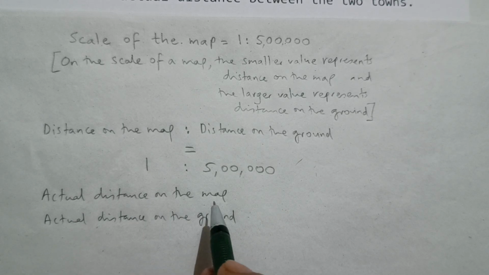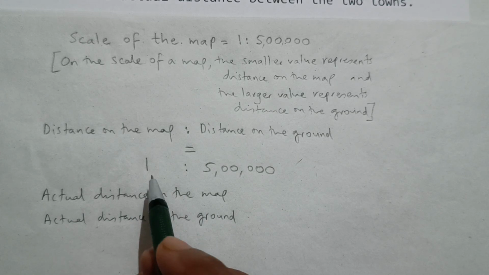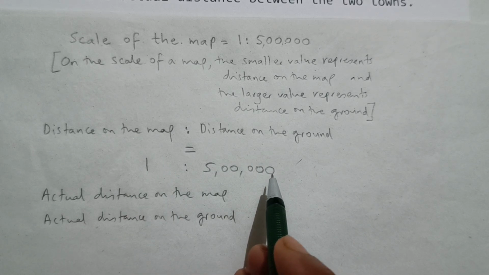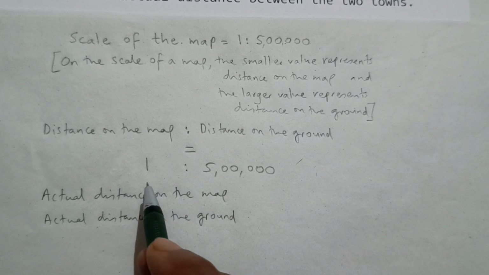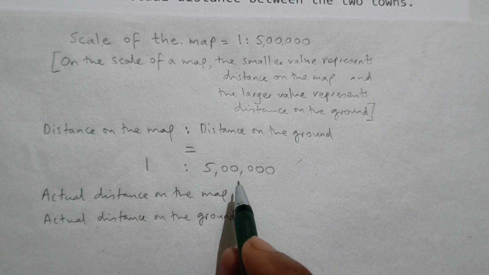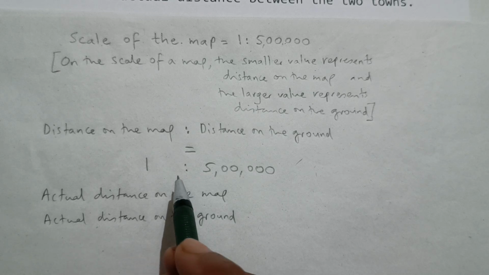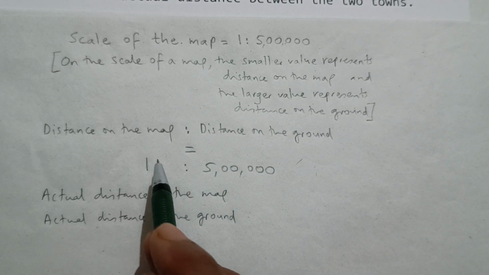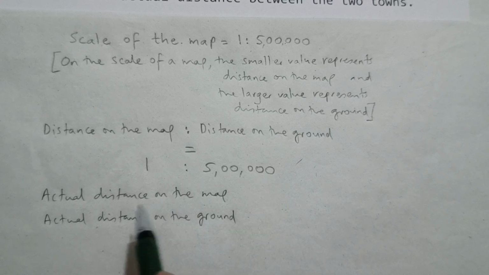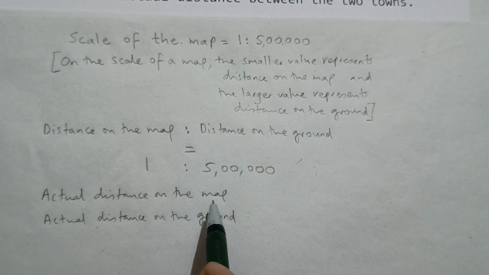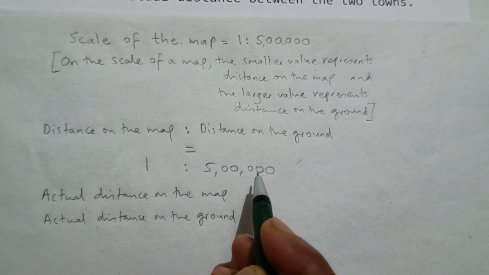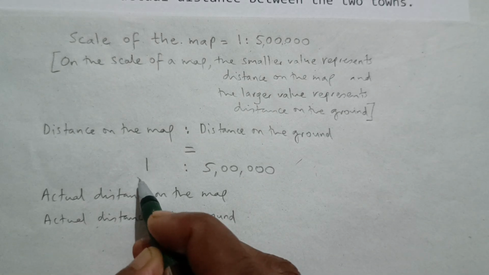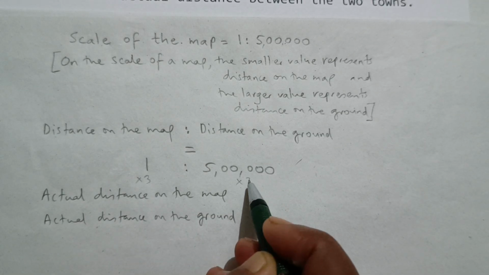So to get the actual distance on the map and actual distance on the ground, I have to multiply this ratio by a number. I will have to multiply 1 by a number, and I will have to multiply 5 lakh also by that same number. So for example, if I multiply this ratio by, let us say, 3, then 1 into 3 and 5 lakh into 3.